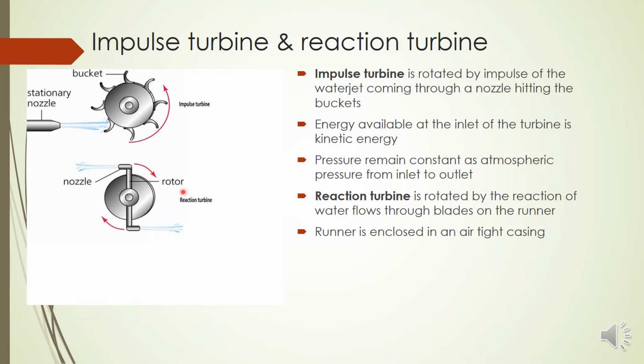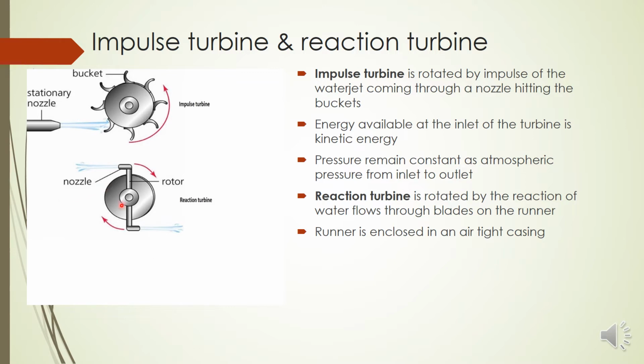Another thing is here the runner will be full of water. What is the energy available at the inlet when water enters? It is full of water, meaning it is enclosed in a casing and completely full of water, so the pressure will not be atmospheric pressure.